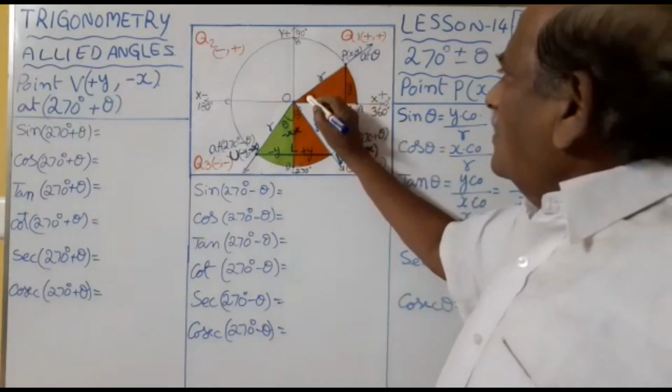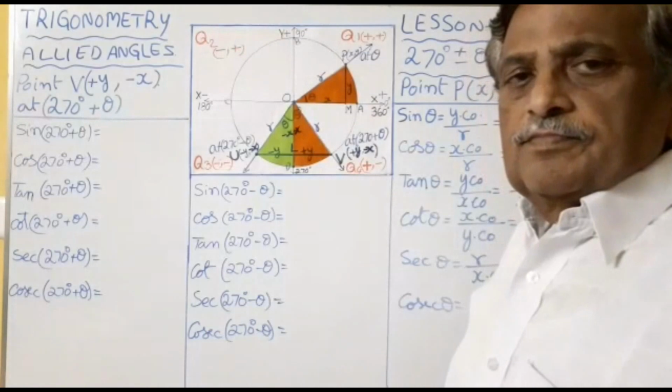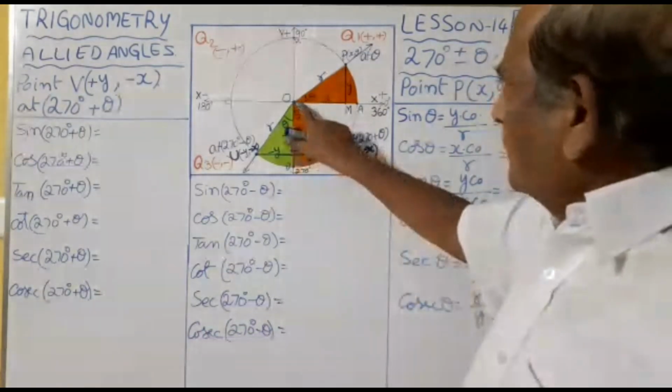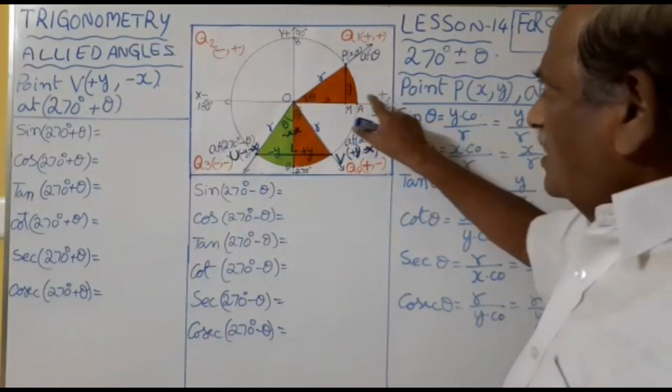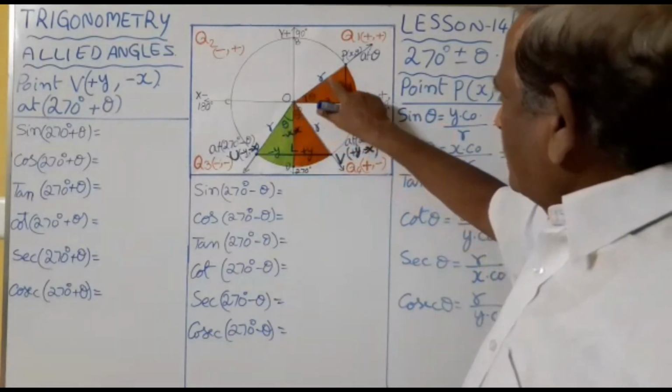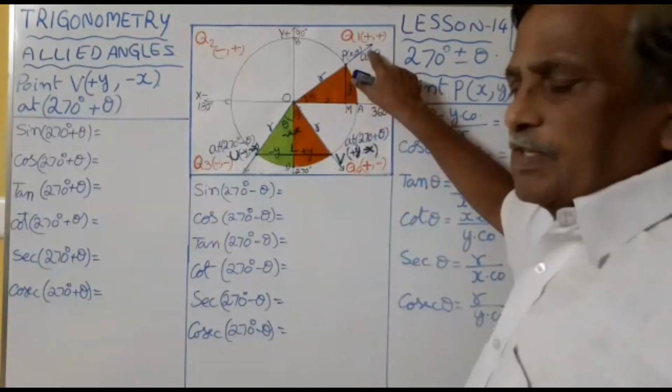Let the central angle of the sector be theta degrees. One edge of the sector is along the x-axis and the other edge is at an angle theta degrees.